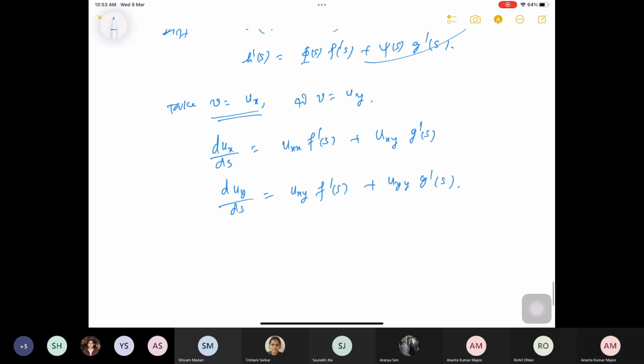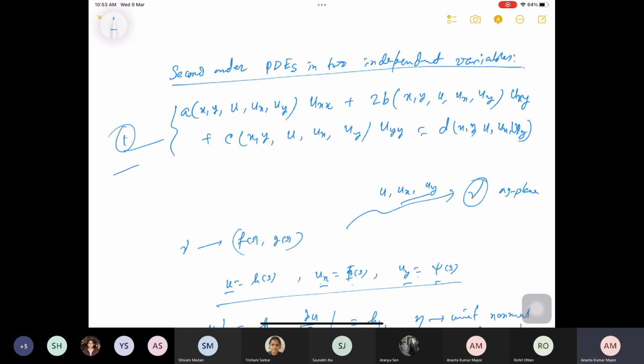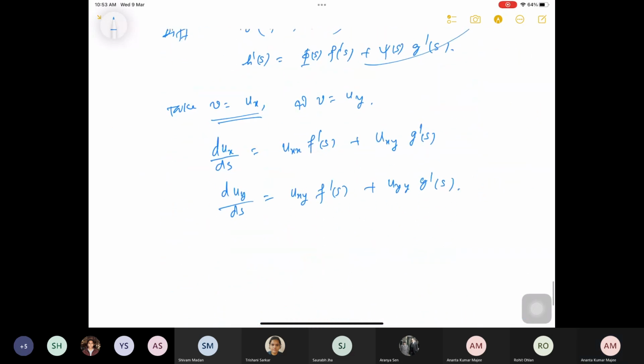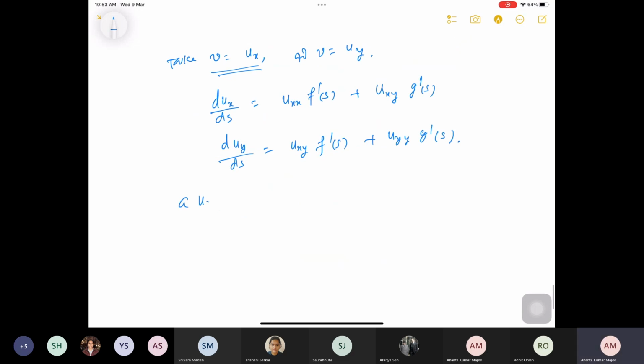Okay. So now if u is a solution to your given PDE, the second order Cauchy linear PDE, then I have A u_xx plus 2B u_xy plus C u_yy equal to D. And from here, what is d u_x over ds? u_x is equal to phi of s, and suppose phi is again a smooth function.